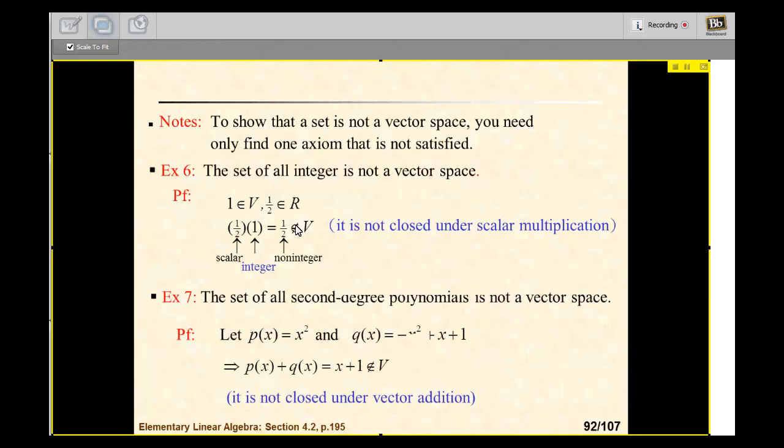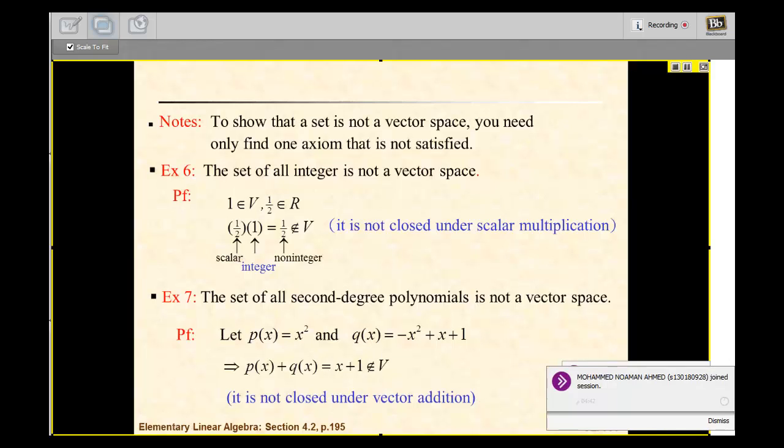Similarly, the second example is that the set of all second degree polynomials is not a vector space. For example, we take one polynomial p(x) equal to x square, and another polynomial q(x) equal to minus x square plus x plus 1. We have to check all the 10 properties.